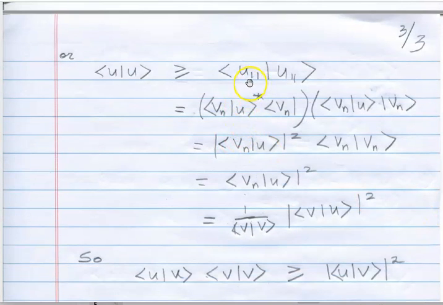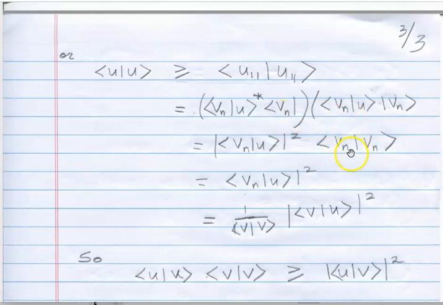I put in what the U parallel is. Well, it really was this expression the way we had it originally, and those operate on each other. This is just a number that comes through.